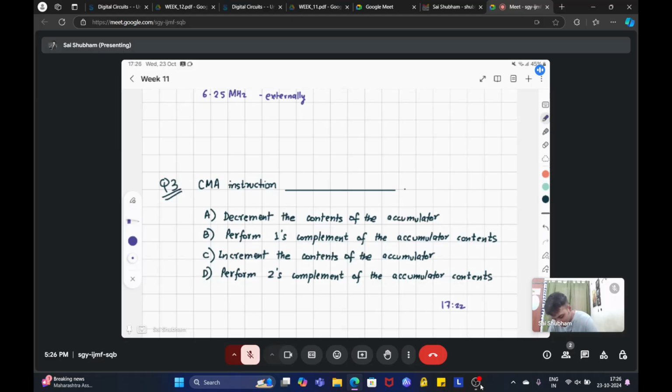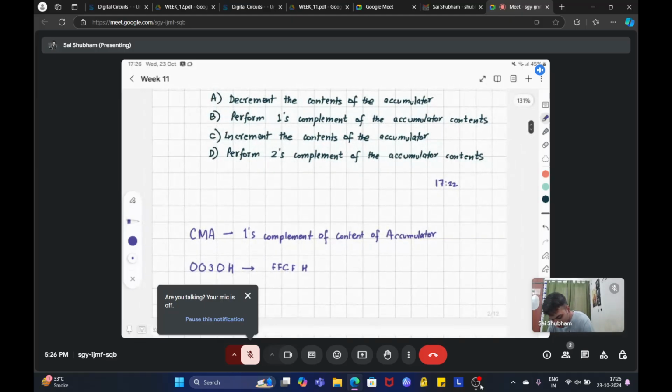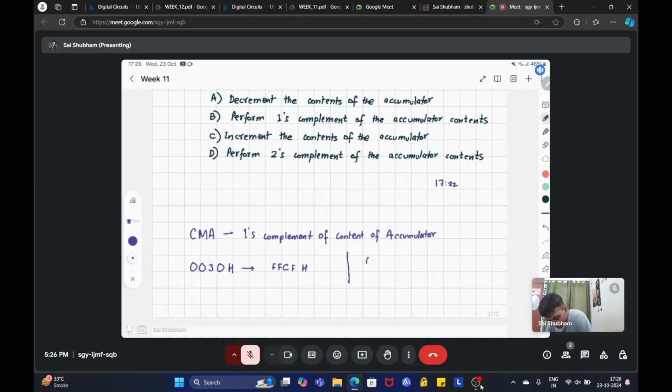So the CMA instruction basically takes the one's complement of the content of the accumulator. For example, if you have data stored 0030H, it will convert it to FFCFH. What does one's complement mean? It does a bitwise flip operation. It takes the bitwise complement.